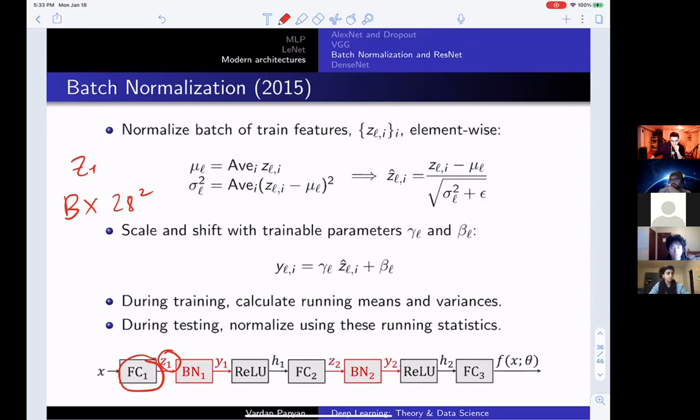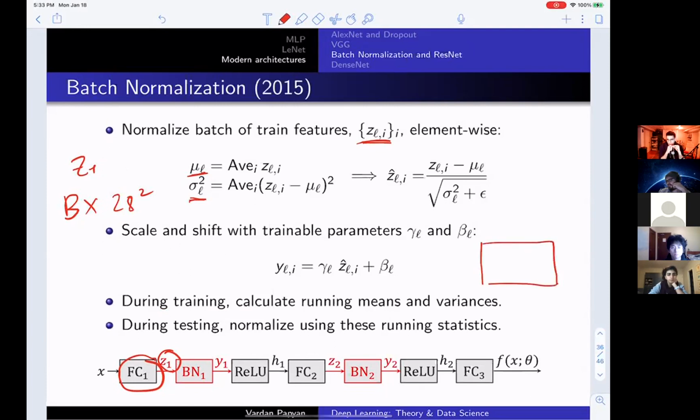Now, what those researchers suggested was to do the following. Take all of these features Z and calculate the mean and the variance of the features per each entry. So let me visualize this.